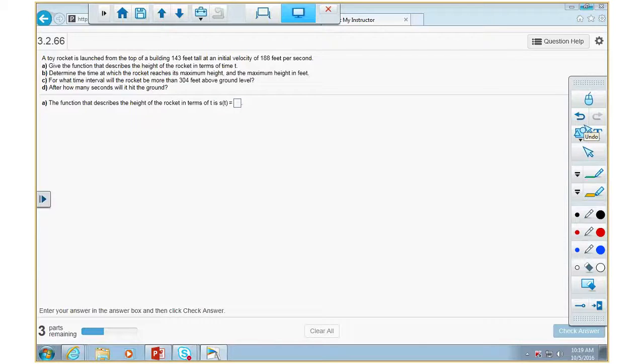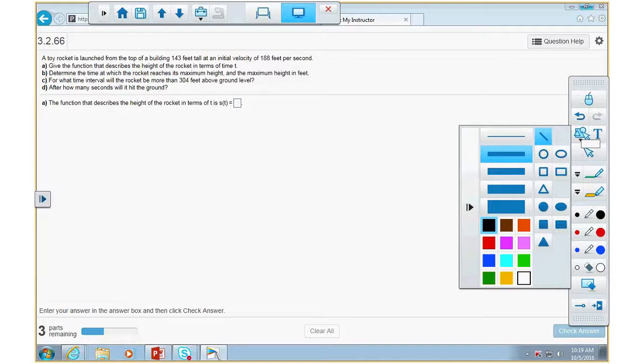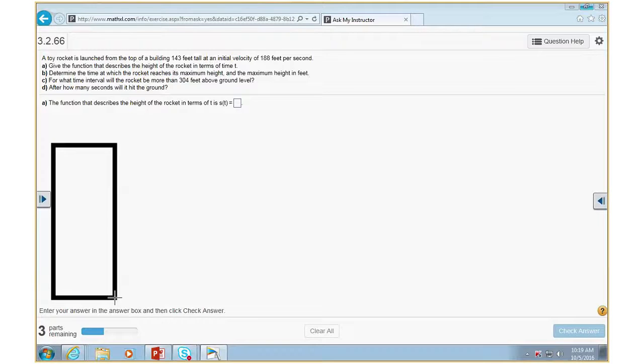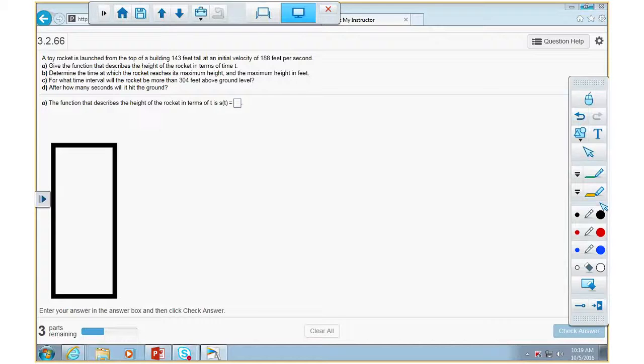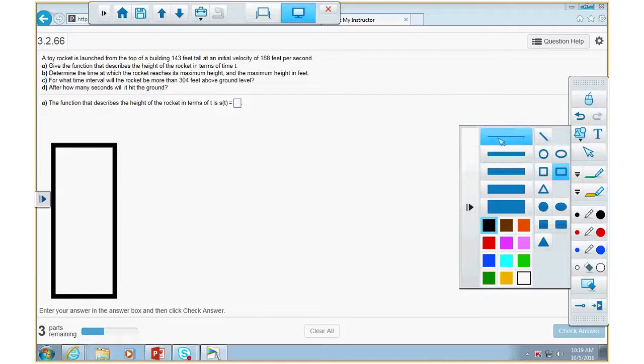So we're going to take our handy dandy building drawer. 143 foot tall. Now I'm going to take my handy dandy line maker and I'm going to take this guy and I'm going to draw.